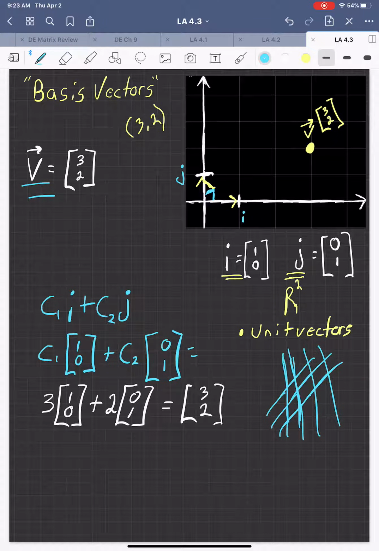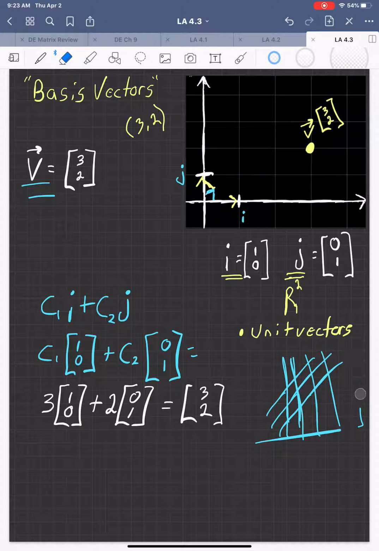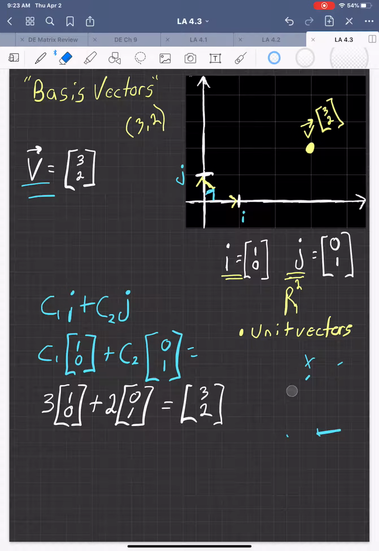Depending on the vectors I chose to build the basis, you might be plotting points where, and I'm not lying, the graph paper might look something like this. So that 90 degrees of separation, along with the fact that they are unit vectors, just works out perfectly when we start thinking about plotting points. So these are two basis vectors.